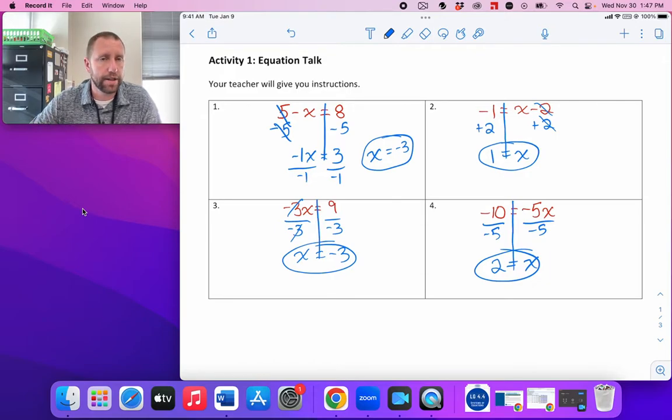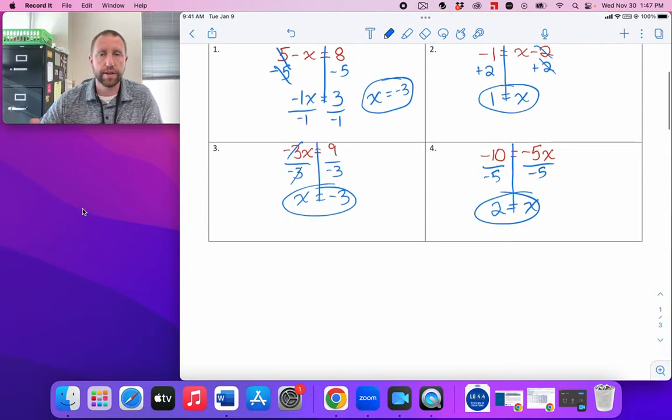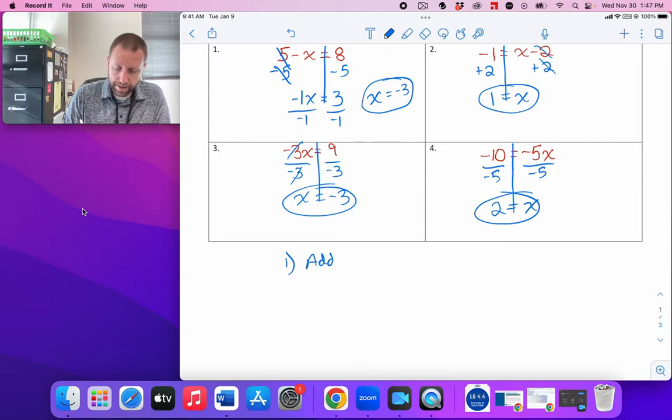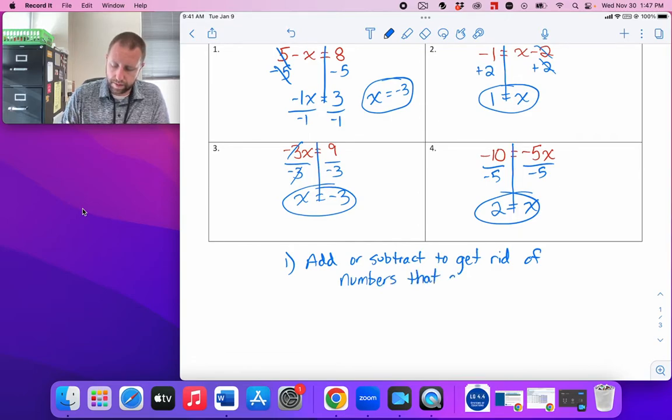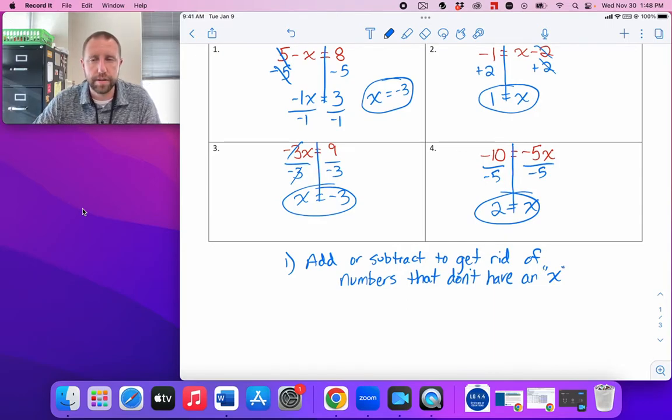Some of the strategies, as you noticed with this, are that you can add or subtract to get rid of numbers that don't have an "x". I'll put the x in quotation marks, right?